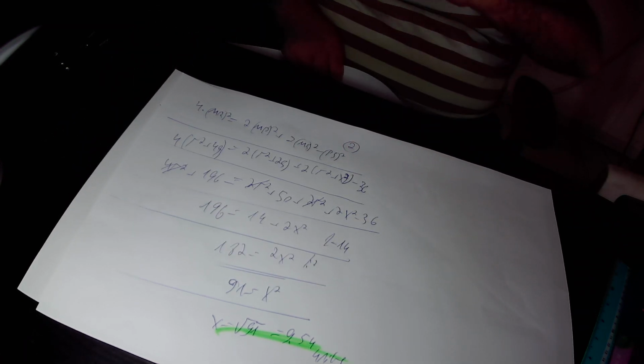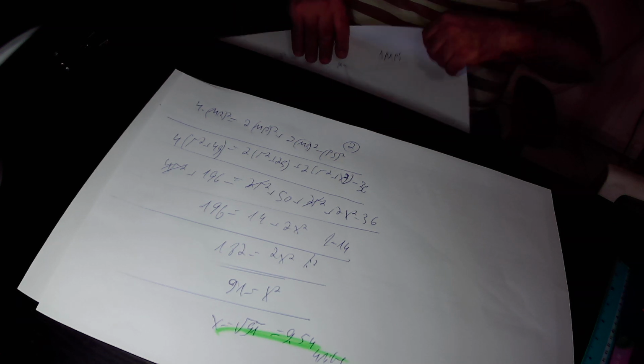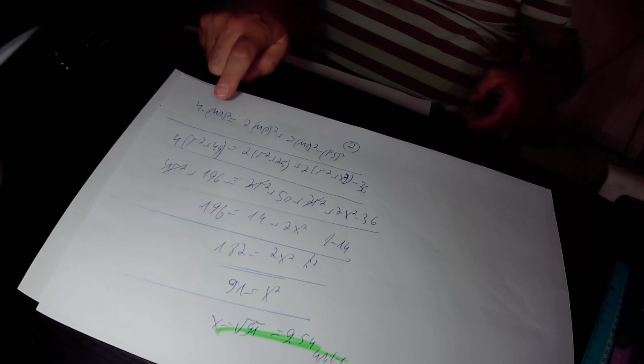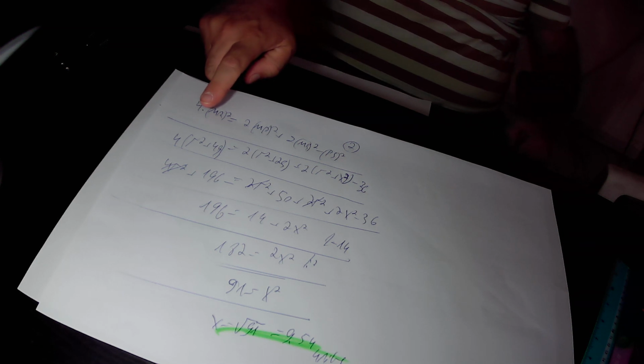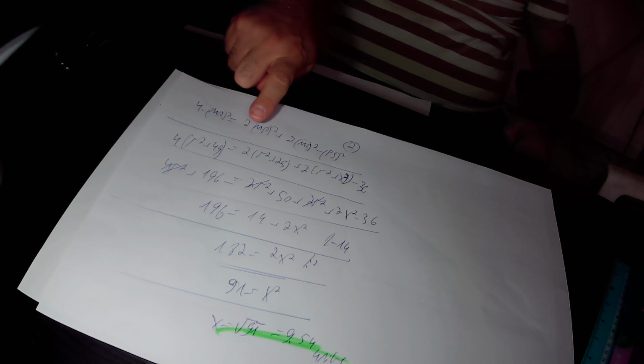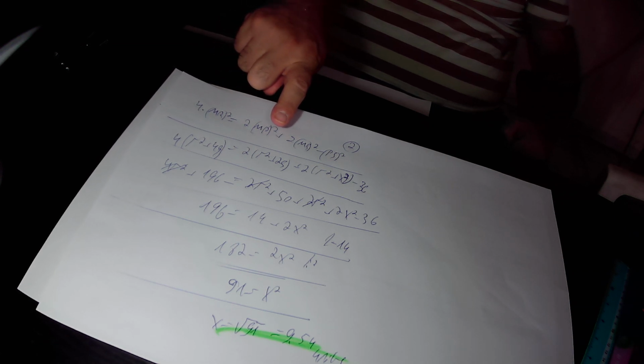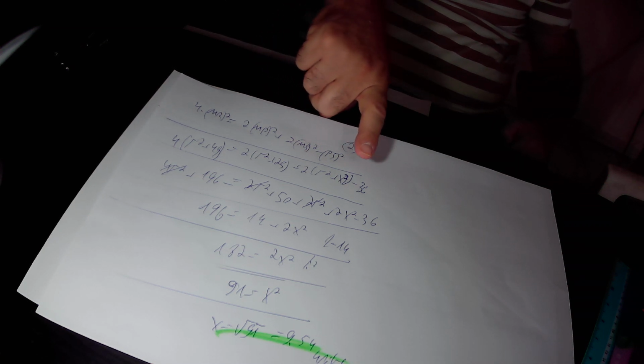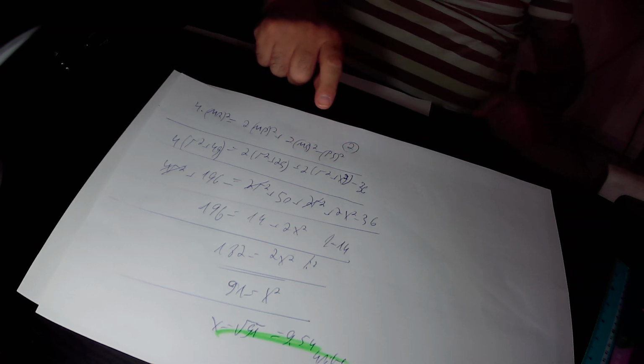Here we open the brackets and finally find that 4R squared, 4 times 49 is 196, and here we have 2R squared plus 2 times 25, that is 50, plus 2R squared plus 2X squared minus 36.